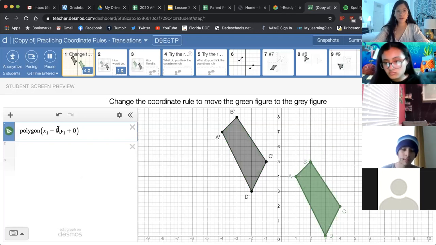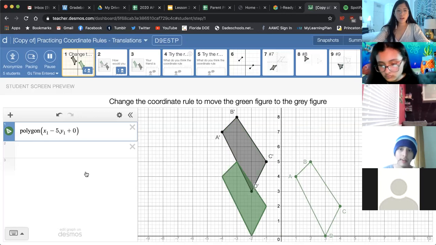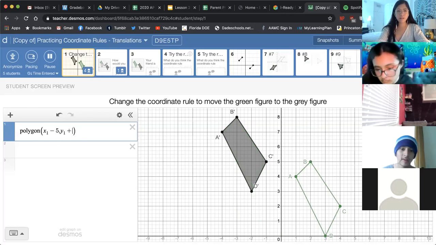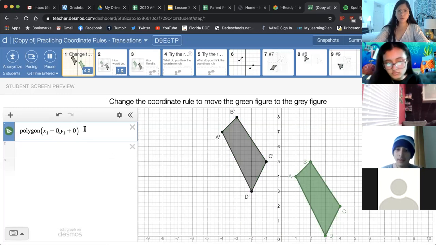You have to change those zeros into the correct numbers. In this case, it's moving 5 units to the left, so I change that 0 to a 5. And then it goes up 3 units, so I changed that 0 to a 3. And now I matched it. You're basically trying to get your shapes to match by changing the values of those numbers in the function. Does that make sense?